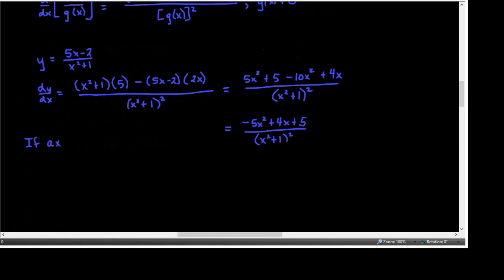If you have ax squared plus bx plus c as a quadratic trinomial, then it factors if b squared minus 4ac, does that sound familiar? If you know the quadratic formula, that's the thing that goes under the radical in the quadratic formula.